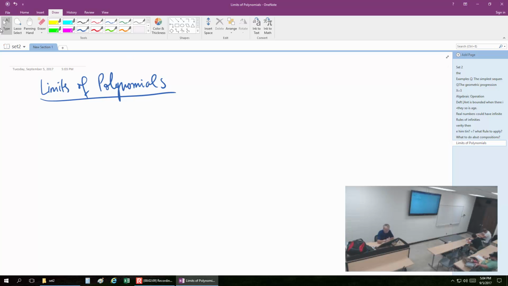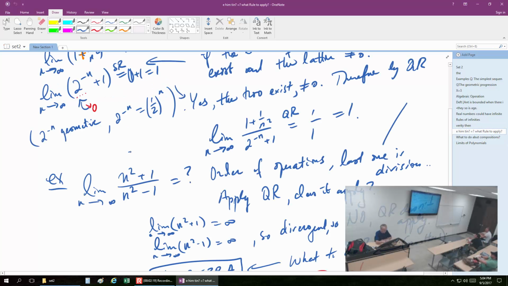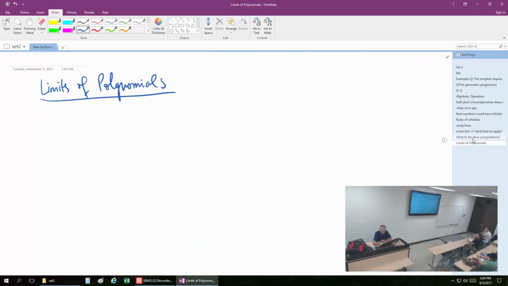First of all, what a polynomial is. N squared plus 1, n squared minus 1 is just another polynomial. It just happens to be one of the simplest, a quadratic polynomial. If we have a cube, then it is a cubic and so on. And we want to take care of all the polynomials at once, so we wouldn't have to worry about them.